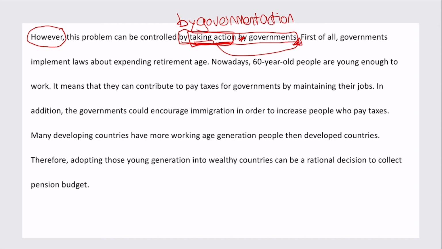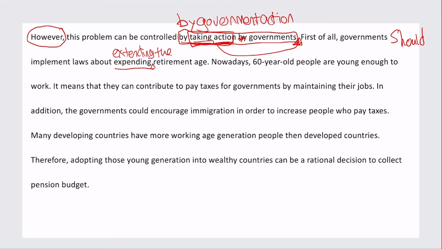"First of all, governments implement laws about expanding retirement age." So we're making recommendations here. When we're making recommendations, we want to be using cautious, conditional language, so it should be something like "should." "First of all, government should implement laws about expanding retirement age." I think they mean extending the retirement age.